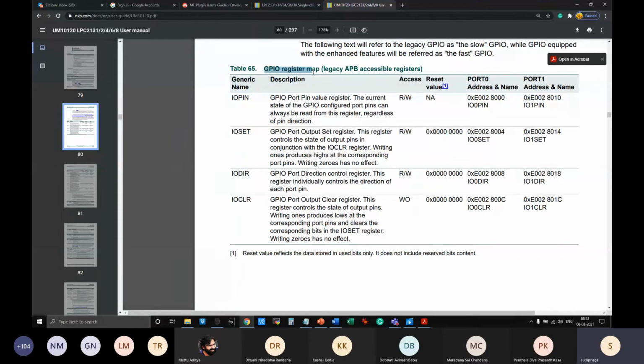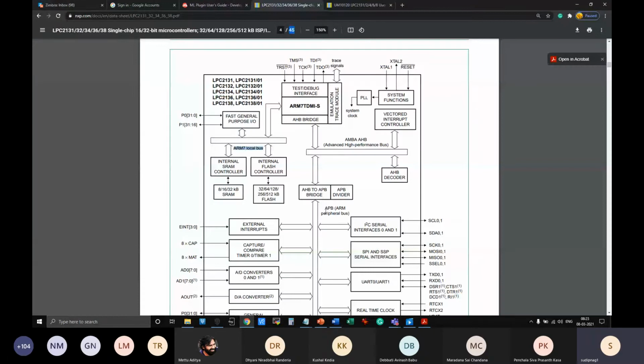Now this GPIO register map indicates there is a set of special function registers which are accessible for configuring the GPIO or exchanging data through GPIO. This is possible while using the legacy APB accessible registers. APB is Advanced Peripheral Bus or ARM Peripheral Bus, which is this one in the block diagram.